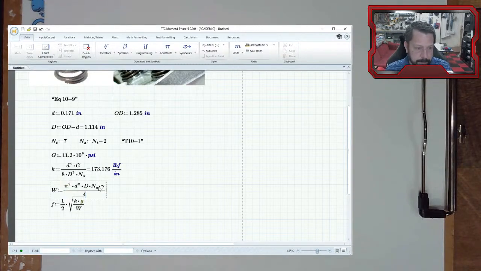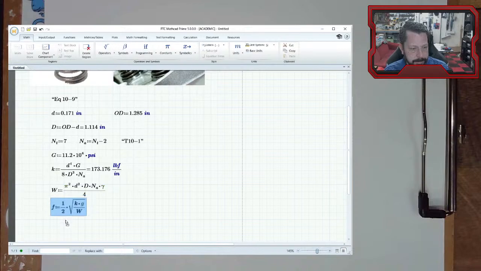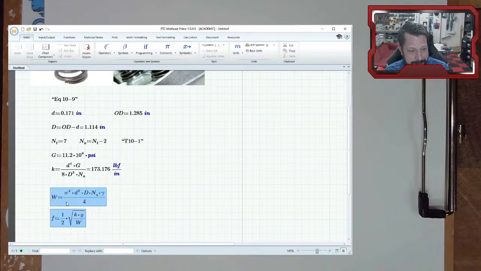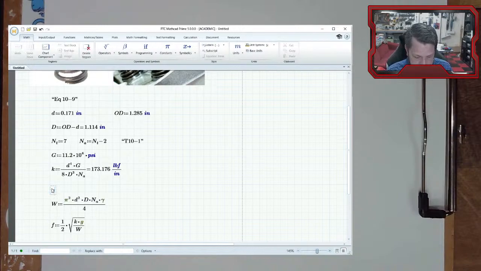Oh yeah, we need the 4 because we calculated the cross-sectional area of the wire, pi d squared over 4. All right, now it thinks we have a value for gamma, but we haven't actually plugged one in. So let's plug one in for this.